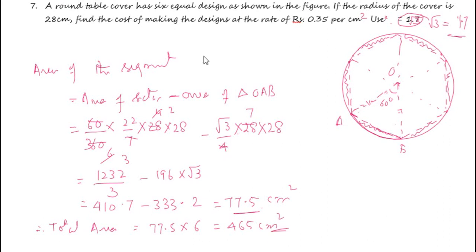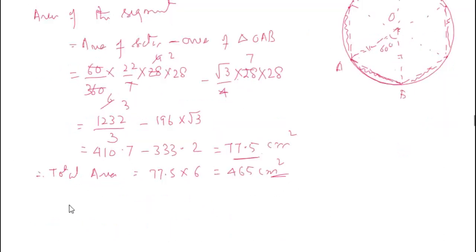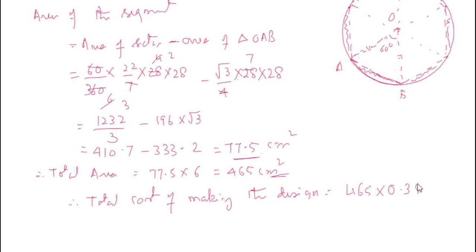The cost of making the design is 35 paise per centimeter square. Therefore, total cost of making the design equal to 465, that is the total area, into 35 paise, 0.35 rupees, that comes to 162 rupees 75 paisa.